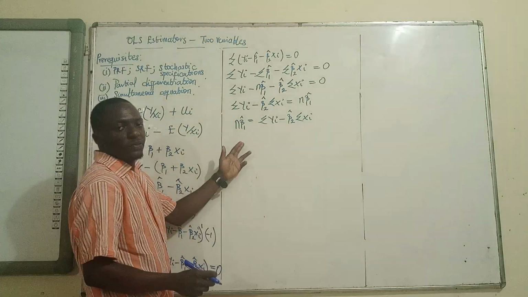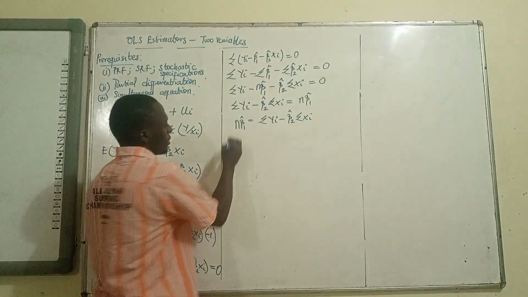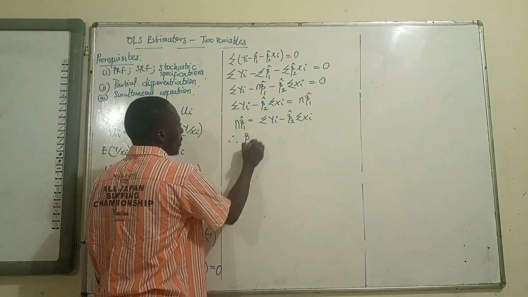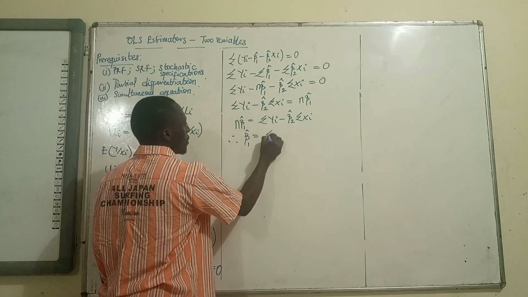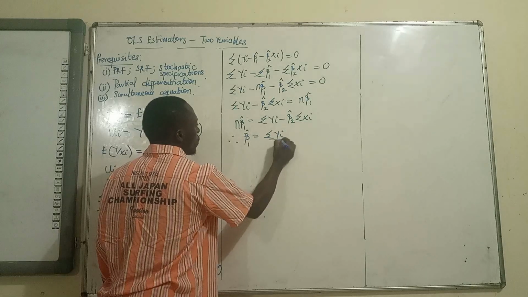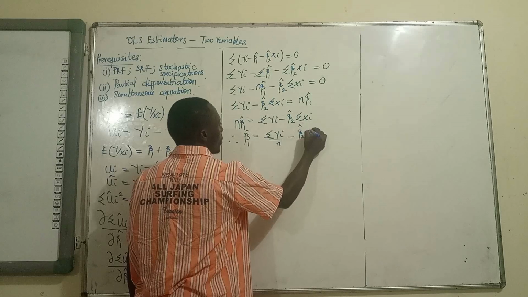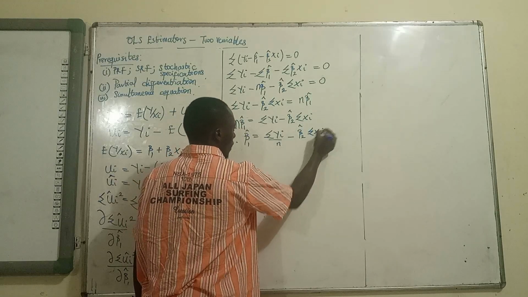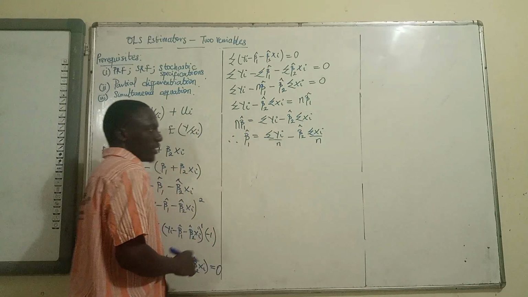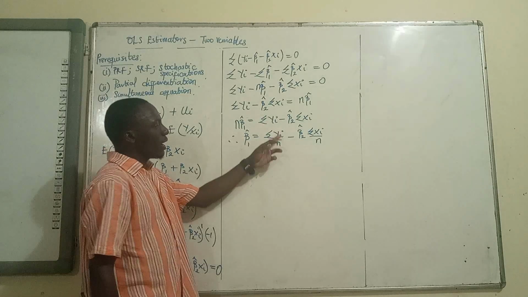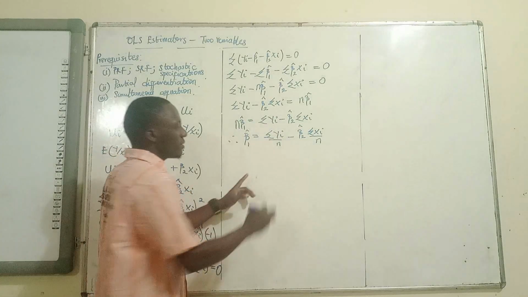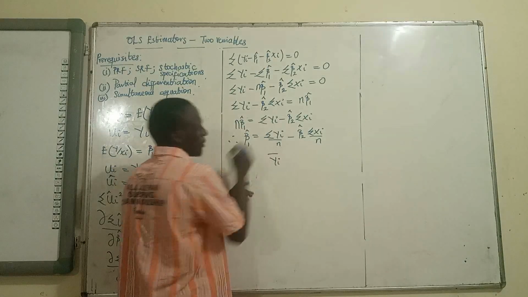Then I can always divide both sides by n. Therefore, beta 1 cap equals summation yi over n minus beta 2 cap summation xi over n. Now, summation yi over n represents the mean of yi.